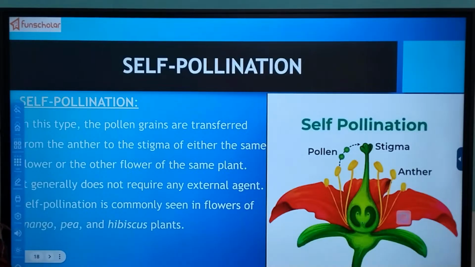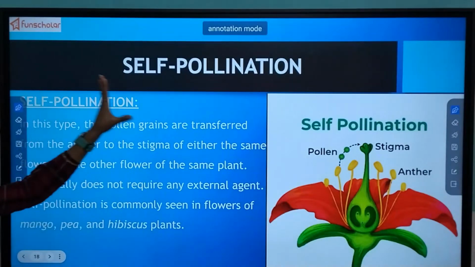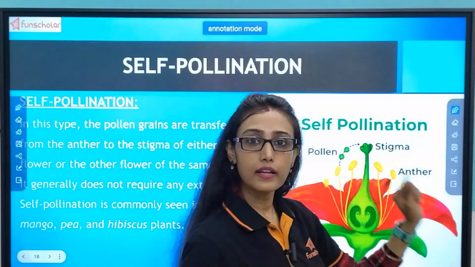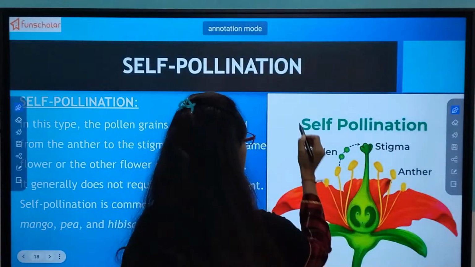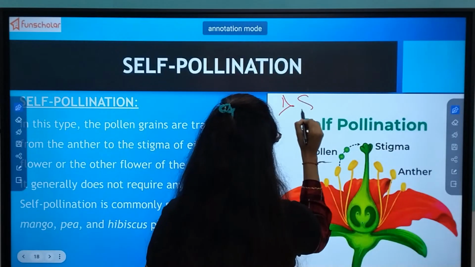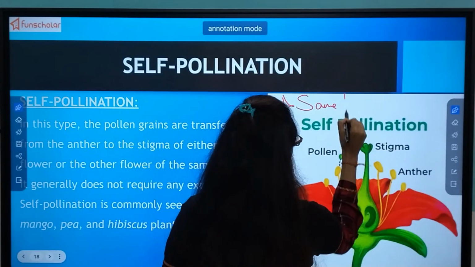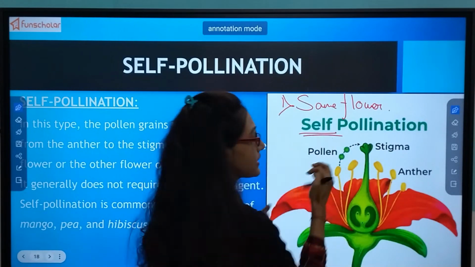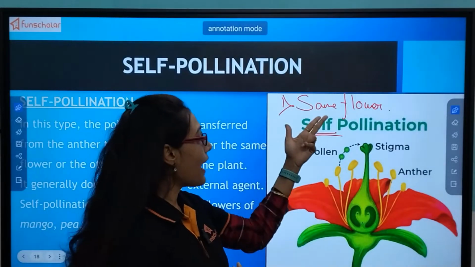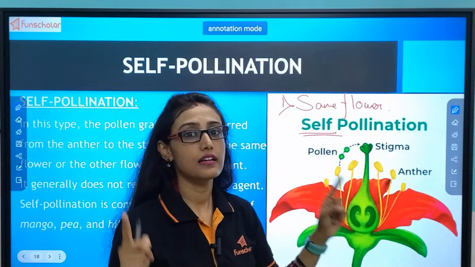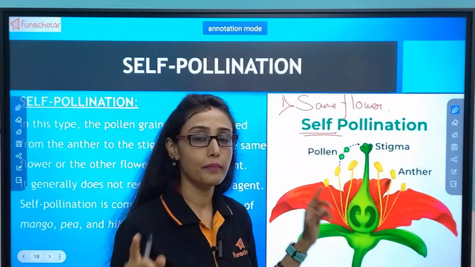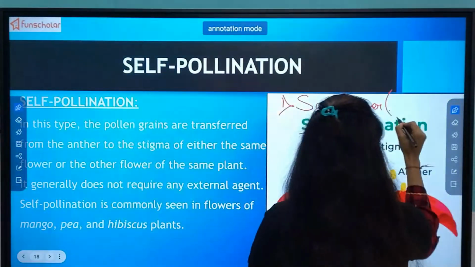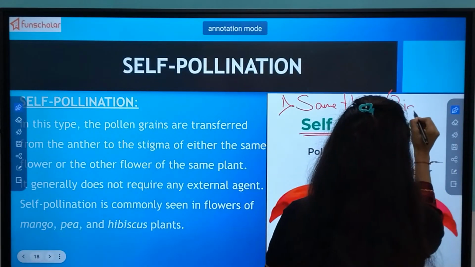Now, first comes self-pollination. Self-pollination always occurs in the same flower. Point number one, same flower. Self means what? I. Okay? Why in the same flower? The answer I think you have known by now. Because the flower here will be bisexual.